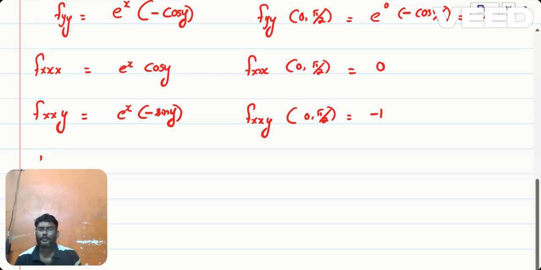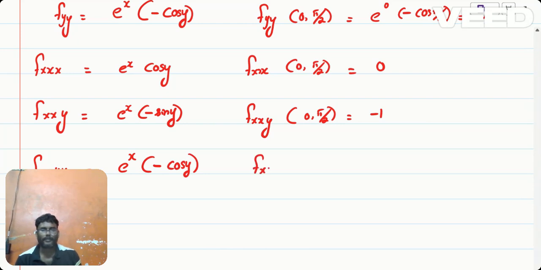Next, f x y y will be equal to, differentiating the second time with y, you will get e power x minus cos y, differentiating two times with respect to y, with x kept constant.